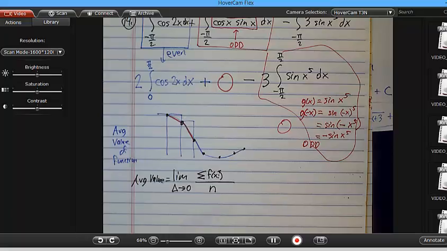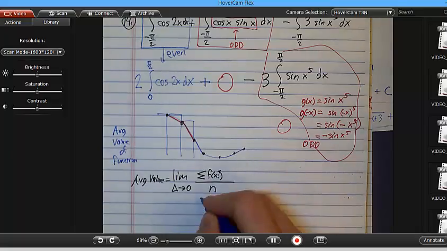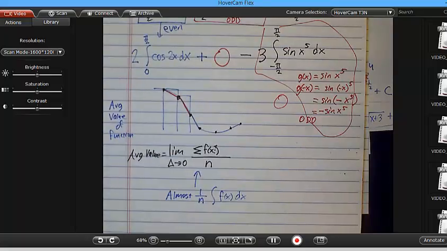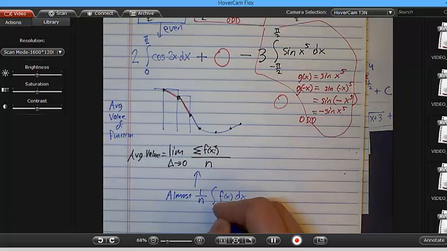There's only one more thing I need to make this an integral problem. This is almost 1 over n times the integral of f of x dx. There's only one piece missing. What's the only piece that's missing?